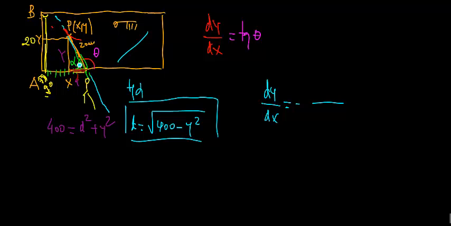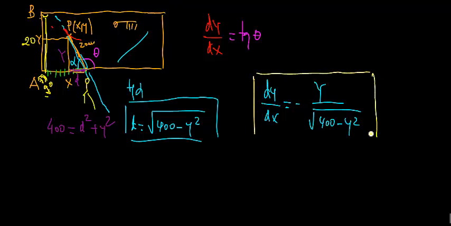This means y over the square root of 400 minus y squared. Okay, that's good. And now I must solve this equation.